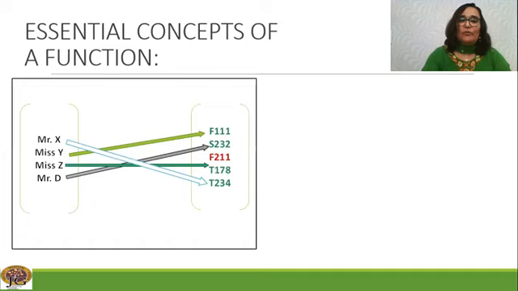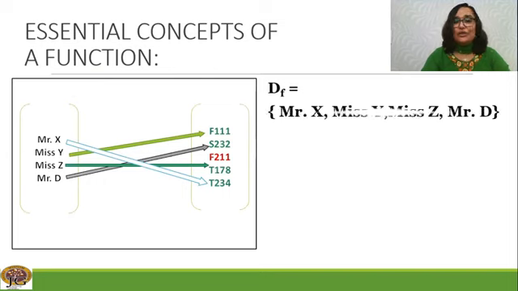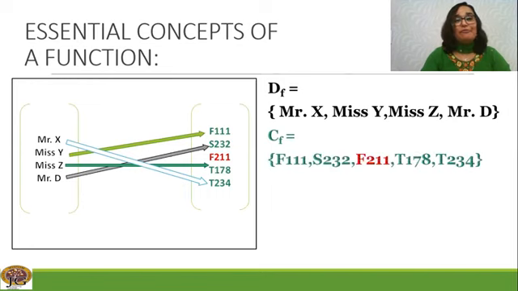Fine. Now, same example, let's know some other important concepts of the functions before we move on to limits. DF, as you know, is your domain. Your domain has how many elements? 1, 2, 3, and 4. They are the names of students like you. CF has how many elements? 1, 2, 3, 4, and 5.